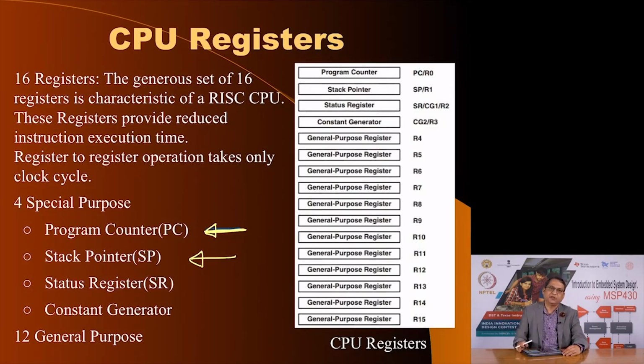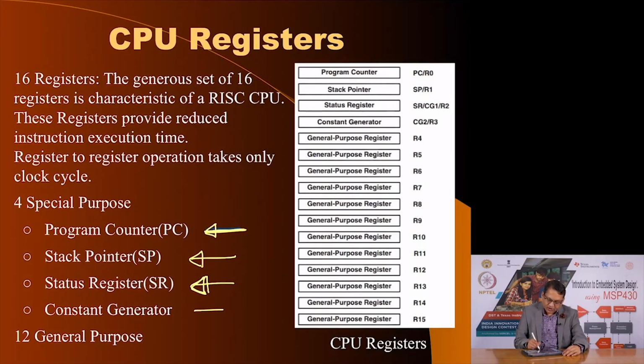It is your responsibility to ensure that the stack pointer is pointing to the right memory of the RAM. And the third is the status register, which indicates the various flags that we just saw, whether the result of a particular CPU operation such as add is 0 or whether there is an overflow. All those flags will be available in this status register.